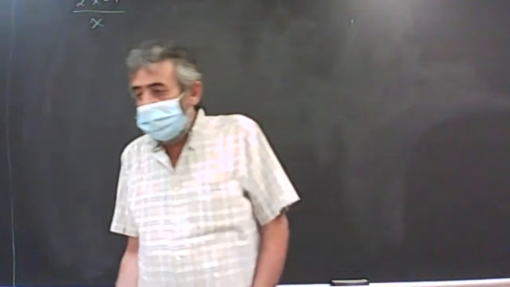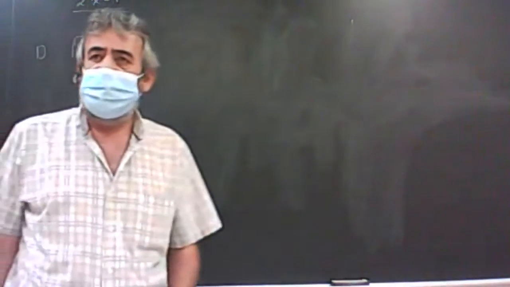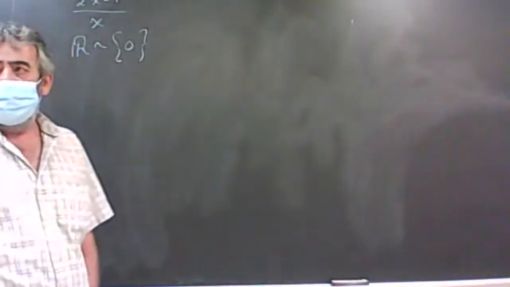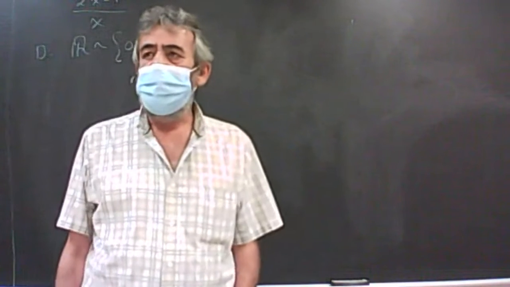Yeah? All right. So let's go ahead and graph that. So what is the first step? Domain. So for the domain, what is the value of x that makes the denominator 0? 0. So the domain consists of all the numbers except for x equals 0. Yeah.